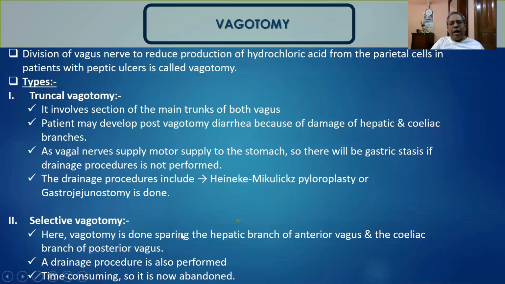Here, vagotomy is done sparing the hepatic branch of the anterior vagus and the celiac branch of the posterior vagus. And a drainage procedure is also performed because the antral supply is divided, so food doesn't drain properly. For that, a drainage procedure must be needed in case of selective vagotomy, as in truncal vagotomy. It is time consuming, so it is now abandoned.